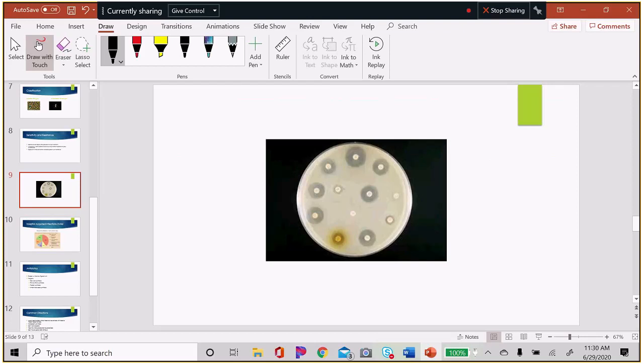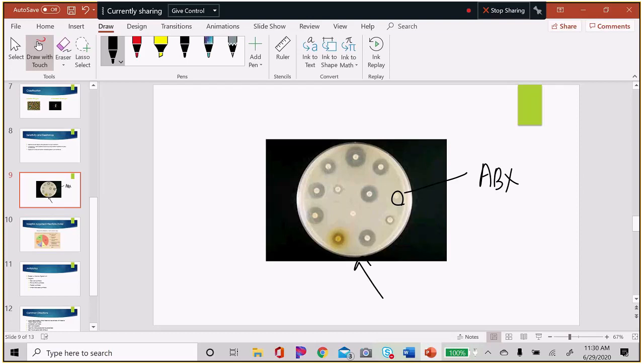This is how sensitivities and resistance are tested in the lab. So this plate is coated with bacteria, and the little white circles are types of antibiotics that are placed on top of the plate with bacteria.